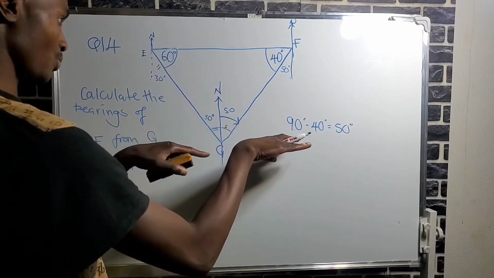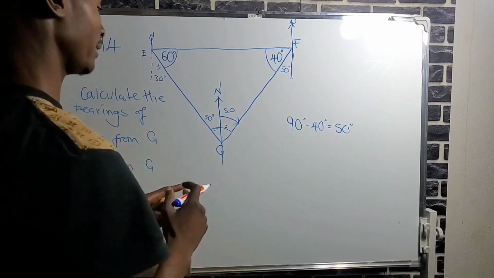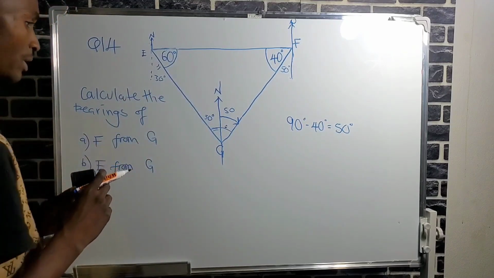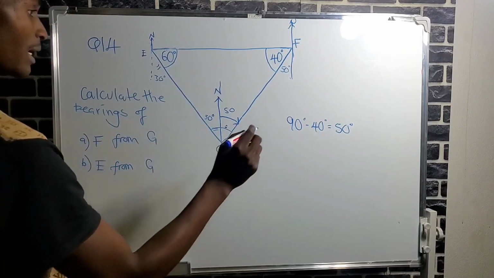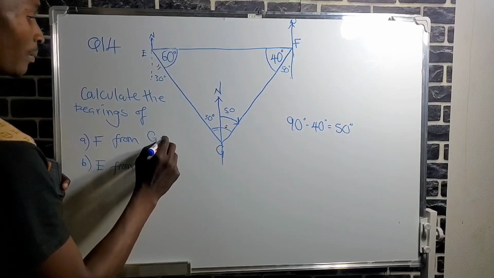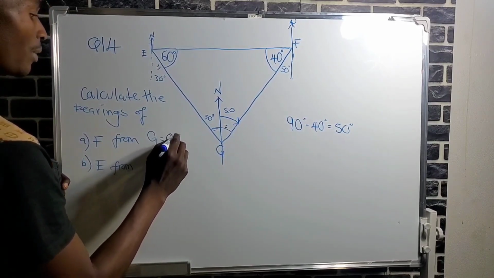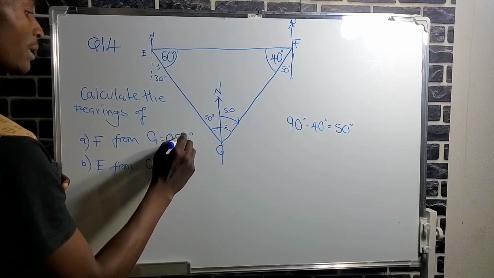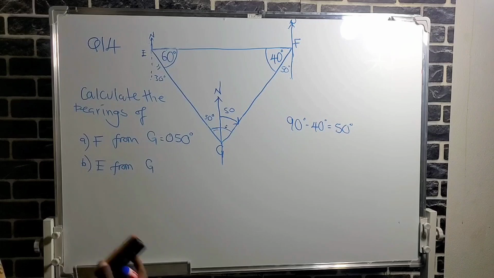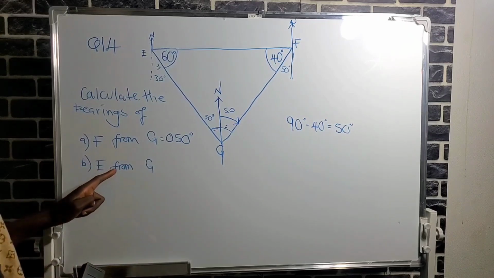So you use the shorter one, unlike the previous one, because you save time. So that's the answer: 050 degrees.